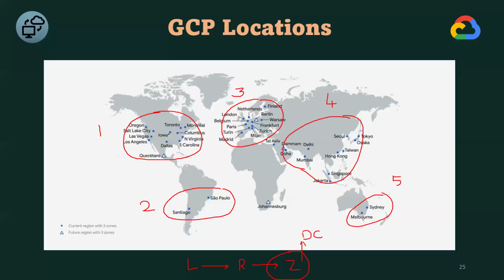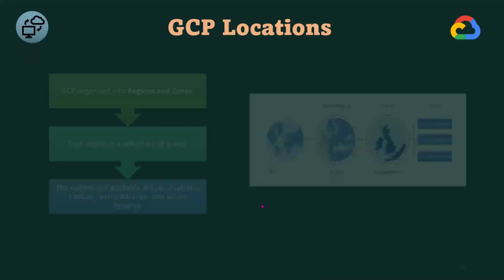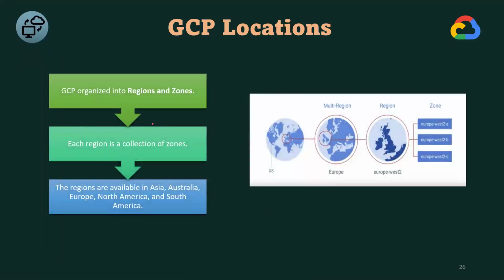You can see here the 5 locations on the world map. GCP's infrastructure is organized into regions and zones, and each region is a collection of zones. These are the 5 locations that we have. Let me take this picture and go here.